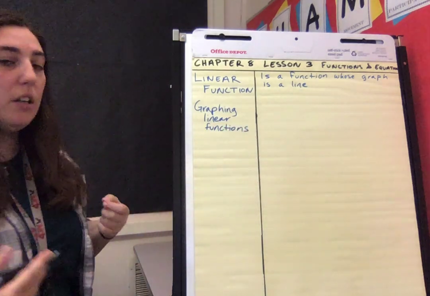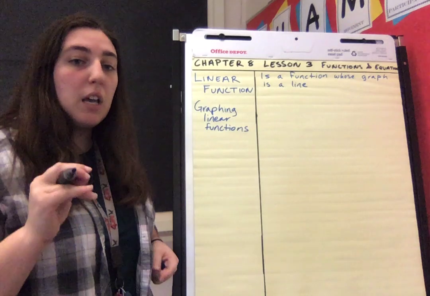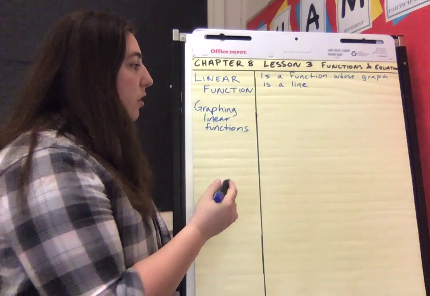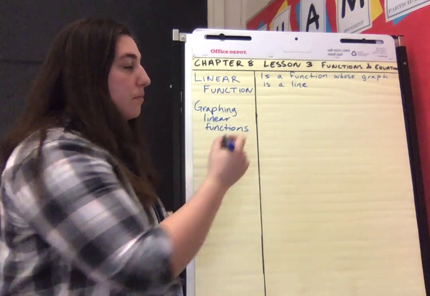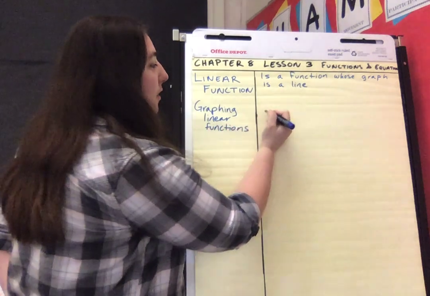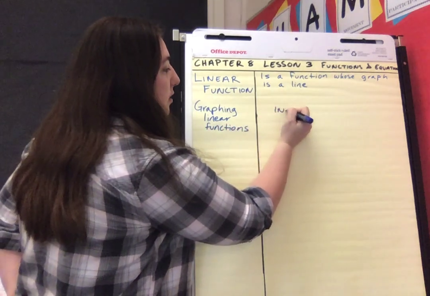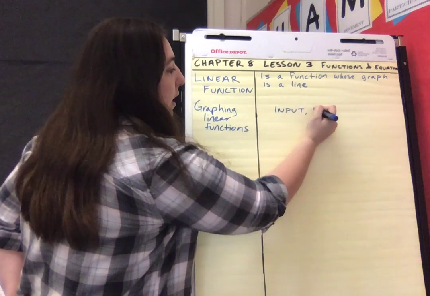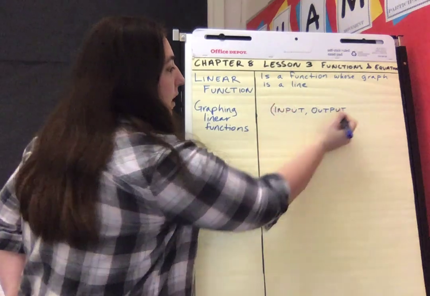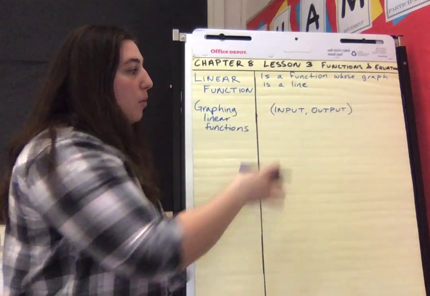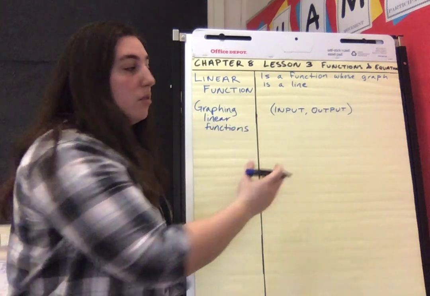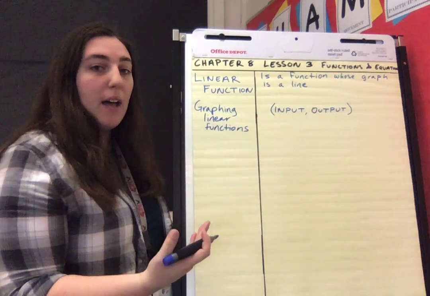So when we're graphing linear functions, think of an ordered pair. So we need that ordered pair. Yesterday we talked a lot about inputs and outputs. Okay, and we have a table. We have our inputs and we have our outputs. Our inputs are the x values. Our outputs are the y values.